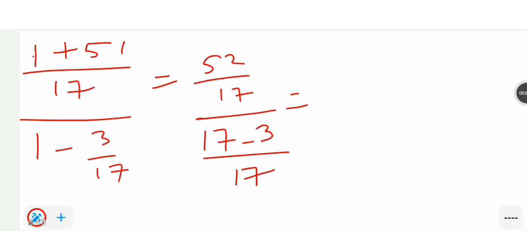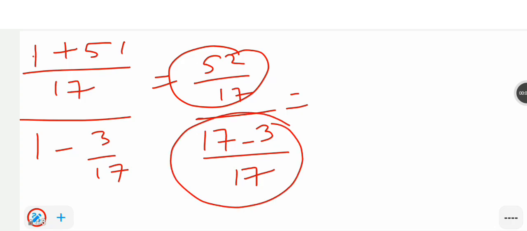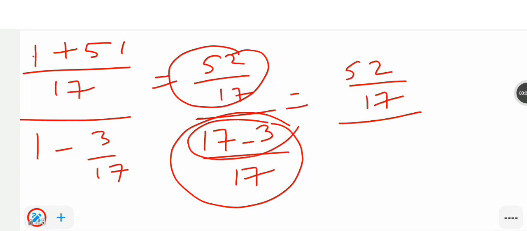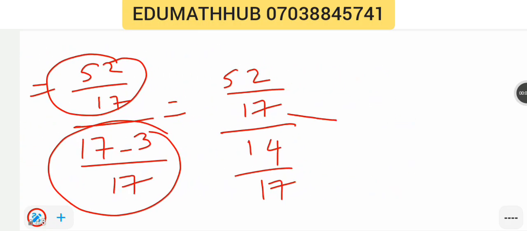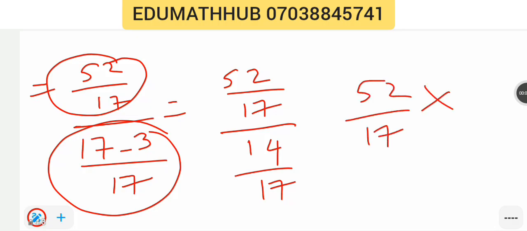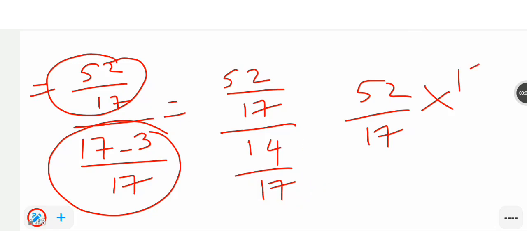So let's break it down. This is one fraction here, this is another one here. So you have 52 over 17 divided by 17 minus 3, which gives you 14 over 17. So this is the divide in the middle. You have 52 over 17, then put in times, this one goes up, so that will be 17 divided by 14.